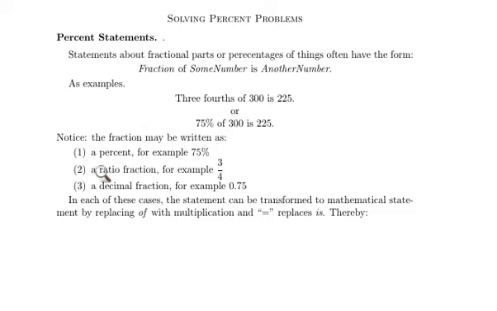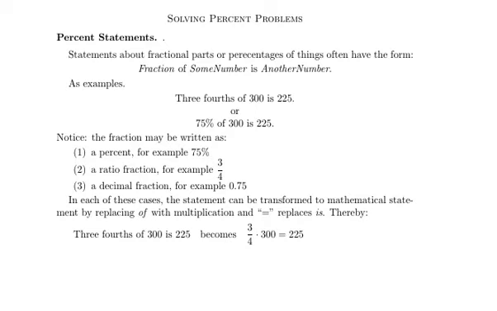Regardless of which of these three ways we write the fraction, the statement in English can be translated to a mathematical statement by replacing the "of" with multiplication and using an equal sign for the "is."